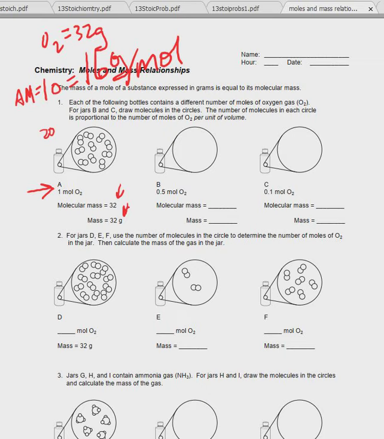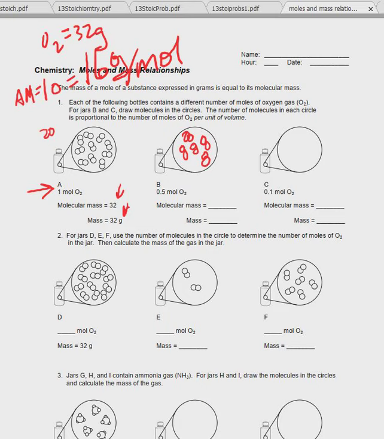Now if there's 20 pieces, half, 0.5 of O2 would have 10.